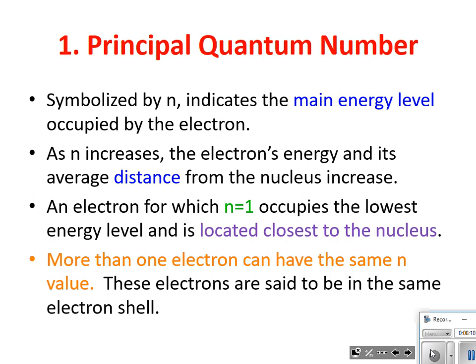So as N gets bigger, it gets more energy and is farther away from the nucleus. An electron for which N equals 1 occupies the lowest energy level and is closest to the nucleus. More than one electron can have the same value for N. These are said to be on the same electron shell.